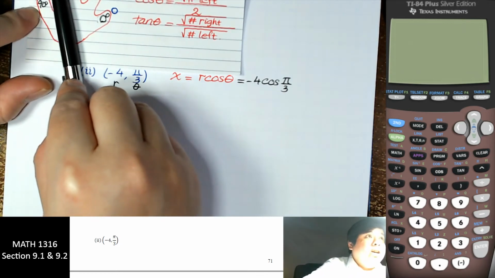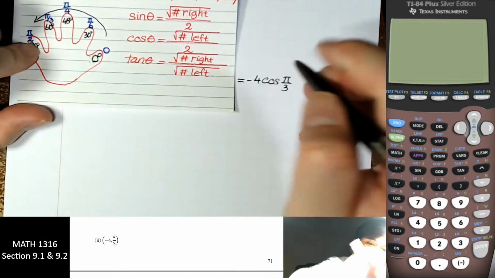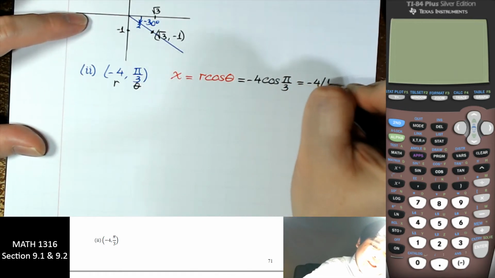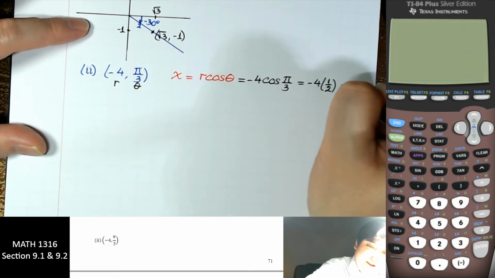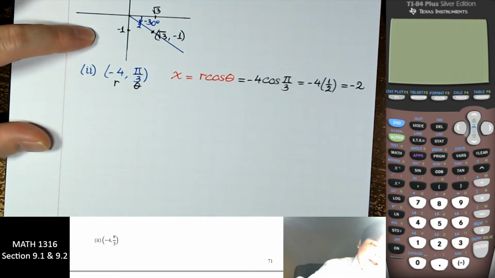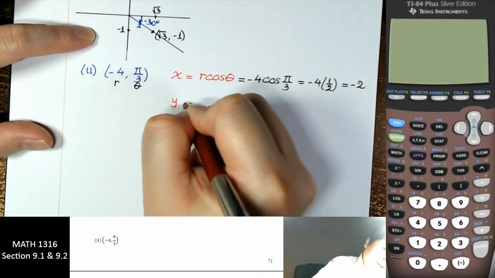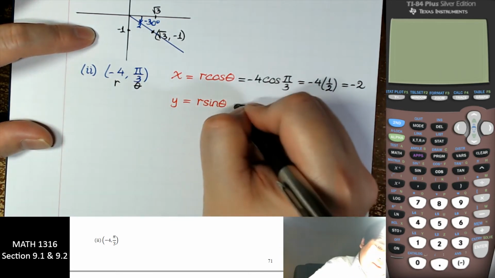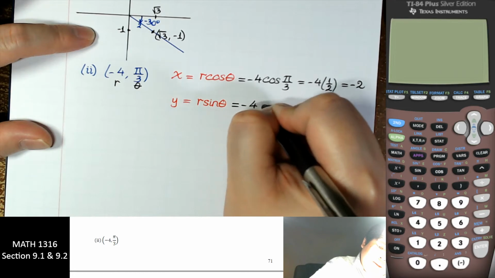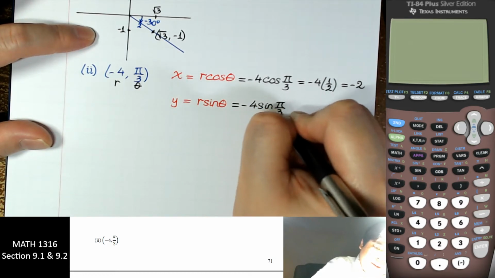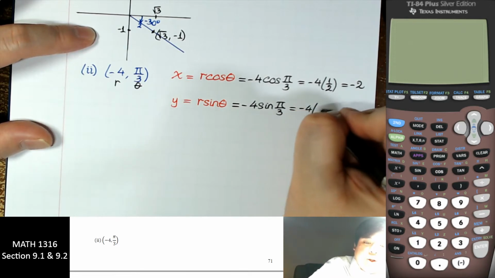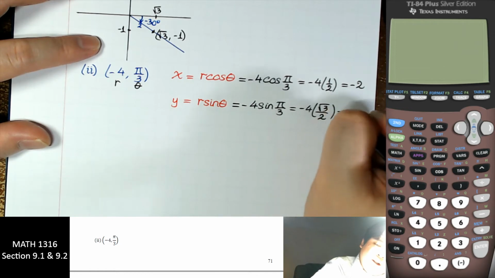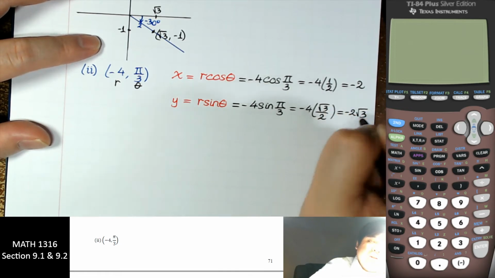And cosine, so we have 1 finger on the left, so square root of 1 over 2. And y is r sine theta. Negative 4 sine pi over 3, square root of 3 over 2. 4 and 2 cancel, negative 2 square root of 3.